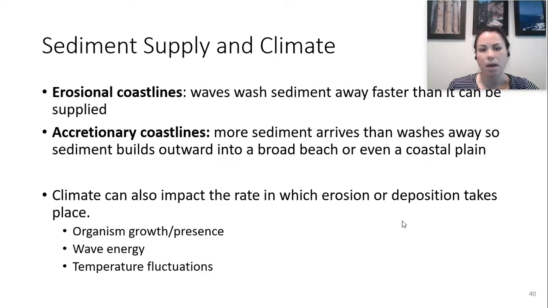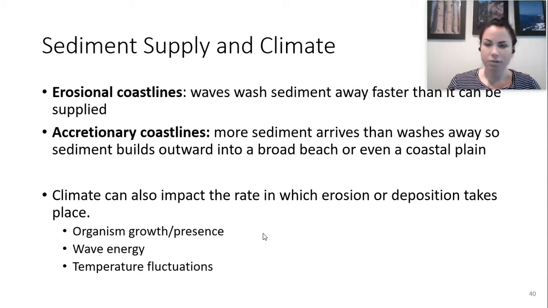The climate can also impact the rate at which erosion or deposition takes place. This has to do with organisms' growth or presence. Like I said, coral reef is one of those that protects the coastline, so that would be one of those things that protects a coast from erosion. We can also have a change in wave energy.